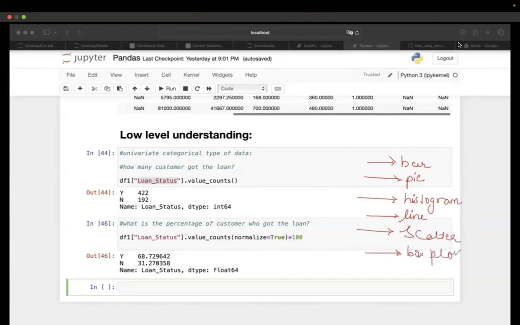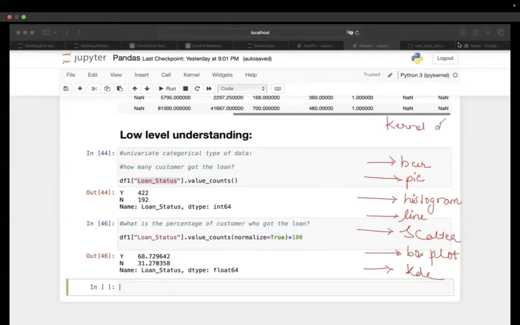Yes, bubble plots as well, but that is what we are going to learn in advanced libraries. And there is one more graph called KDE. These graphs we are going to cover in pandas, just the basics. The full form of KDE is, let me write it down: Kernel density estimate.